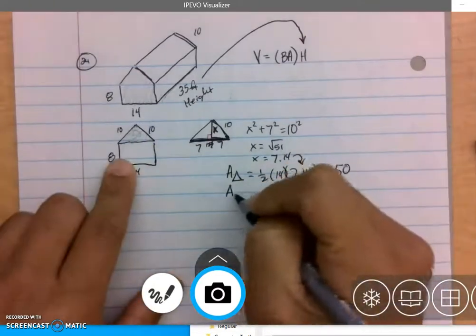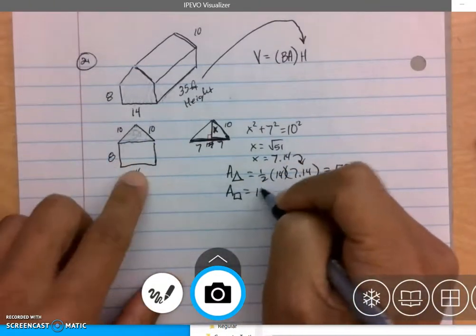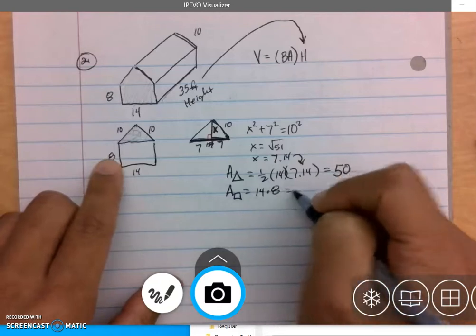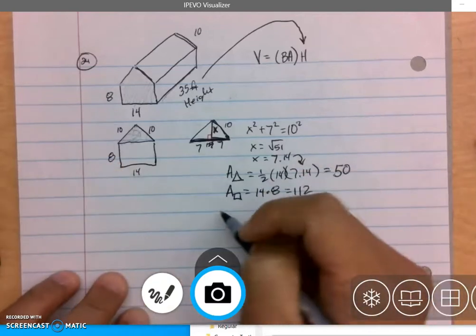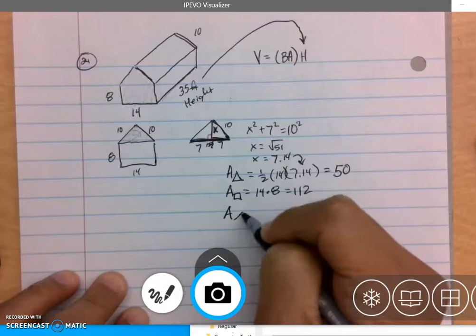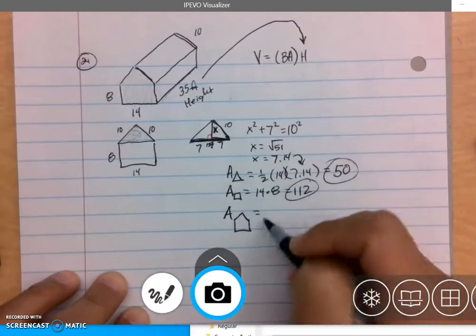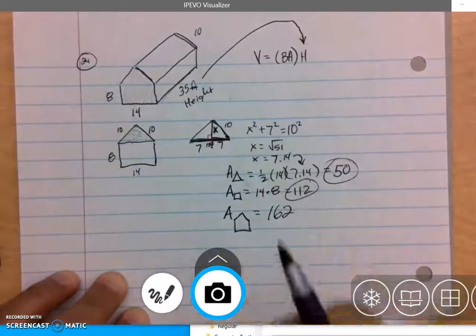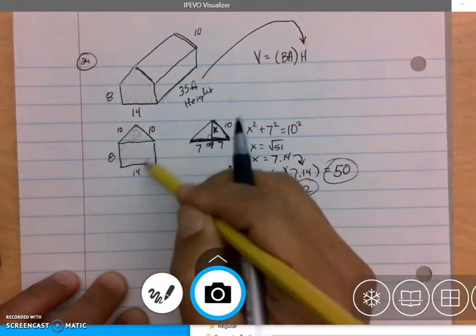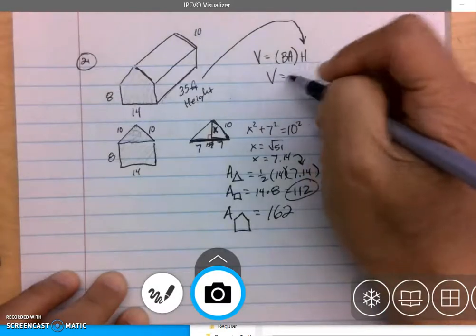The area of the rectangle is pretty easy. This is simply base 14 times height of 8. That is 112. So the area of the entire kind of house shape is 50 plus 112, 162. So this entire thing here is 162. That's the base area.